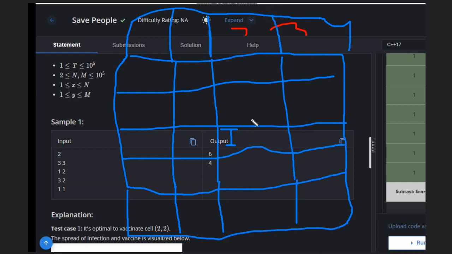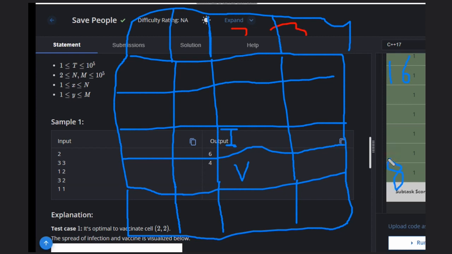So suppose we have this position. If we place the vaccinated cell below this position, these will be the vaccinated ones and above this will be the infected ones. That means 4 by 4, that is 16, will be infected and vaccinated will be only 8.